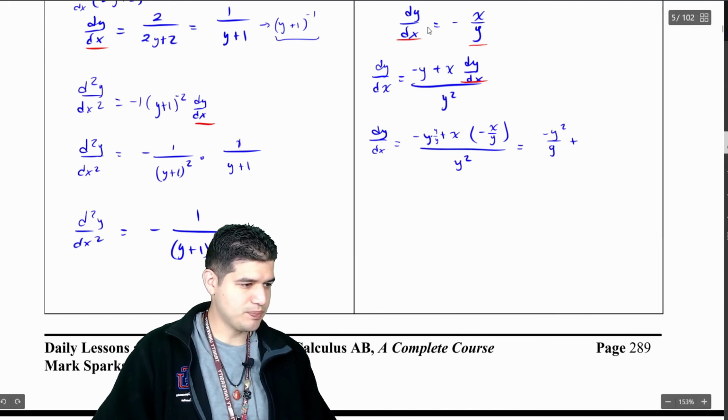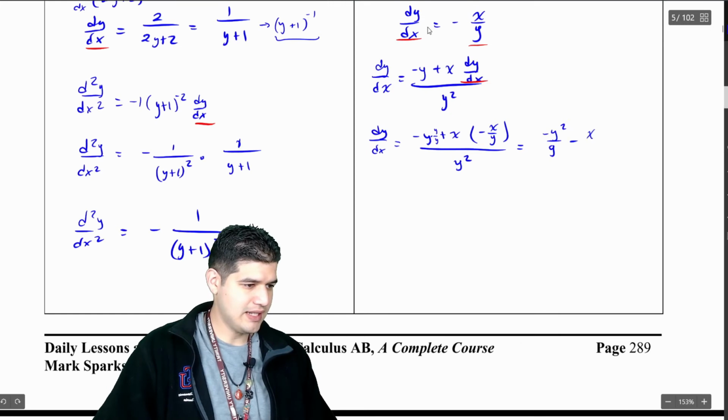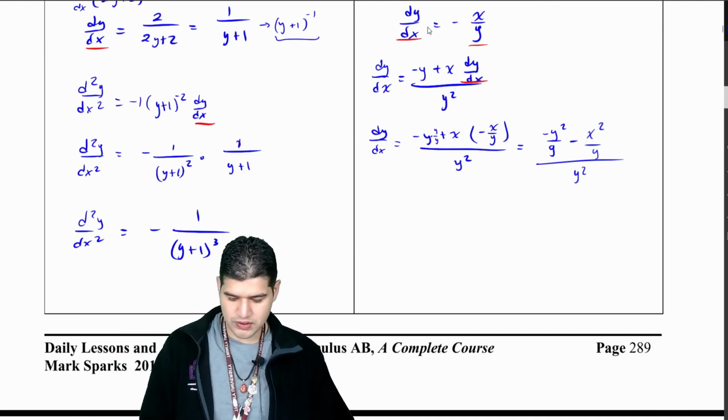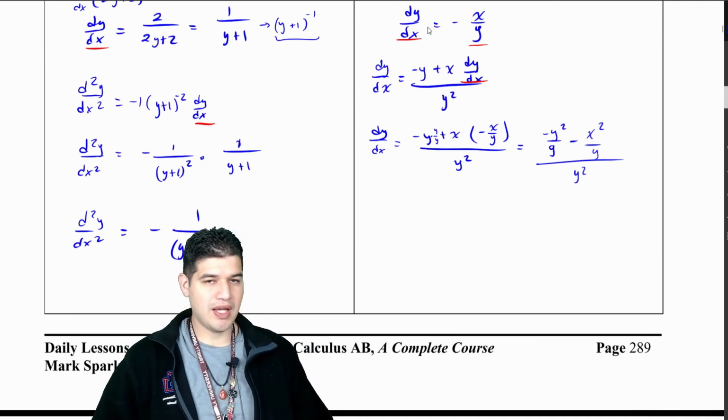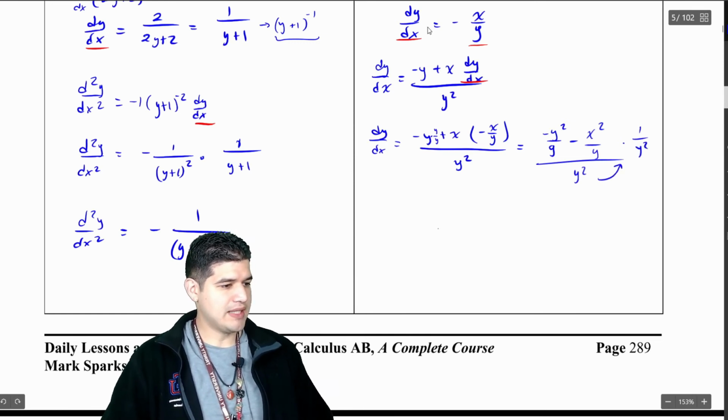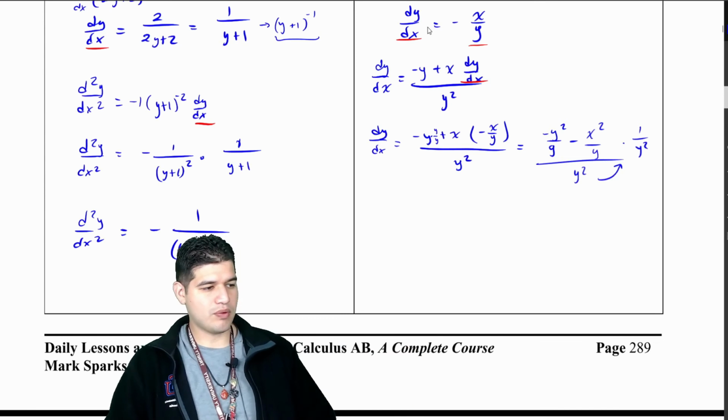Oh, okay, so that goes back to be negative, so minus x squared over y, over y squared. All right, so then over that y squared, I'm just going to multiply by the reciprocal, so times 1 over y squared. And since they're both over y, that's going to be over y cubed.